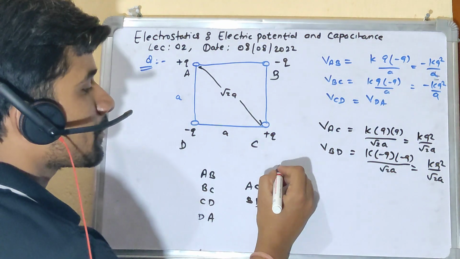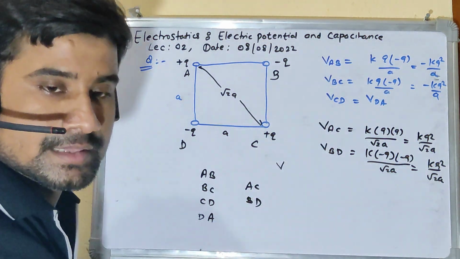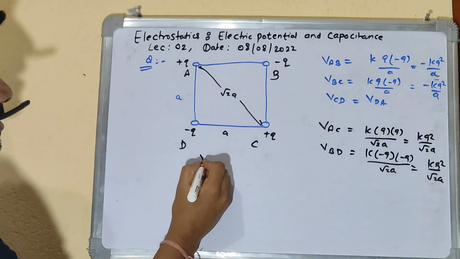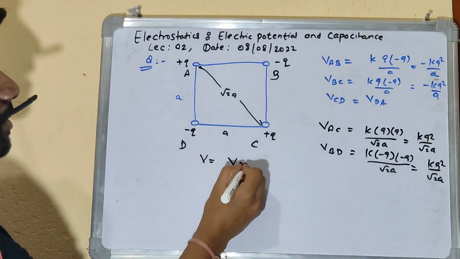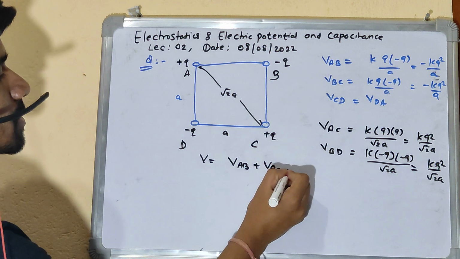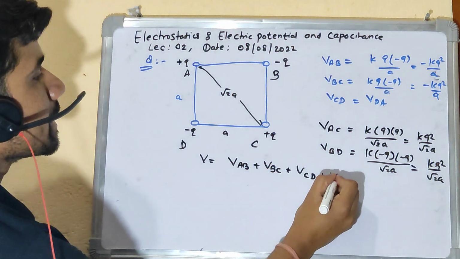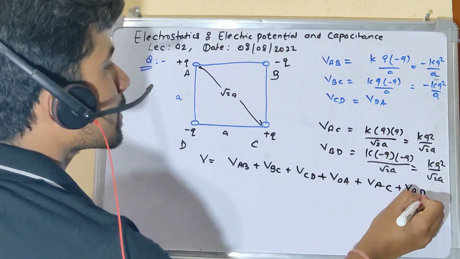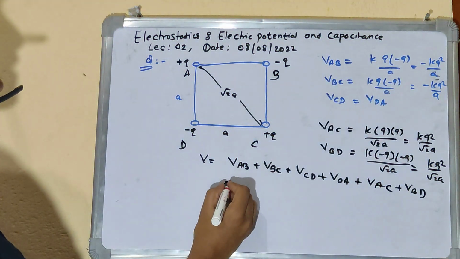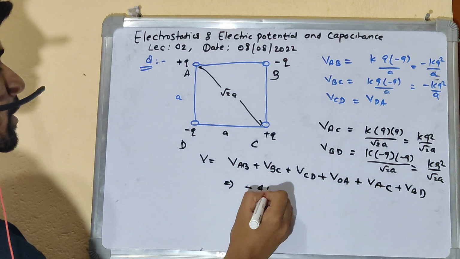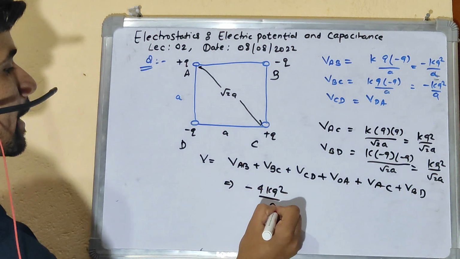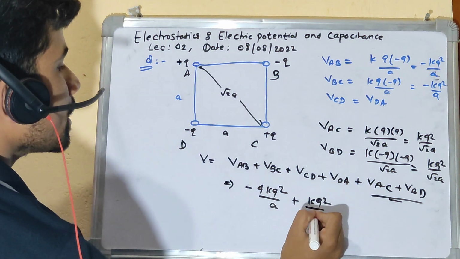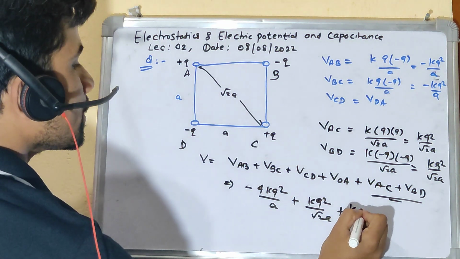So the net potential, let me write it properly, is nothing but VAB plus VBC plus VCD plus VDA plus VAC plus VBD. These four have the same value, so I can place it like this: minus 4 of KQ square by a, and these two we have just calculated: KQ square by root 2 a plus KQ square by root 2 a.